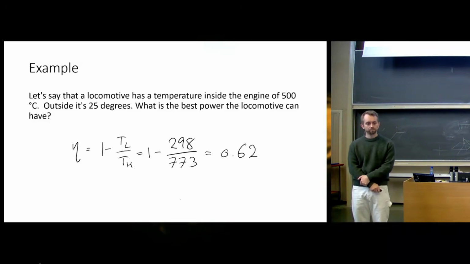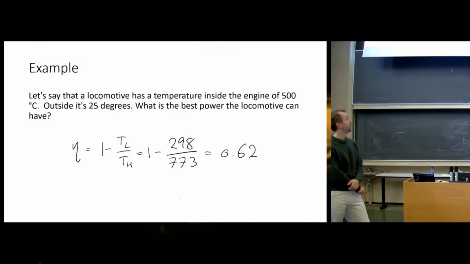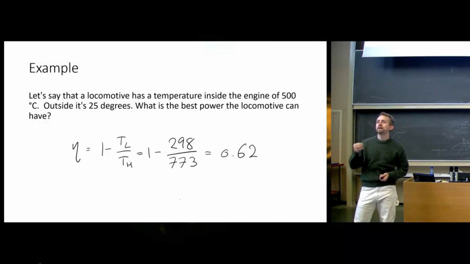I insert into my equation 1 minus TL divided by TH. Low is 25 plus 273, that's 298. High is 500 plus 273, and this gives you 0.62. That is the most efficient that locomotive can be in that circumstance.